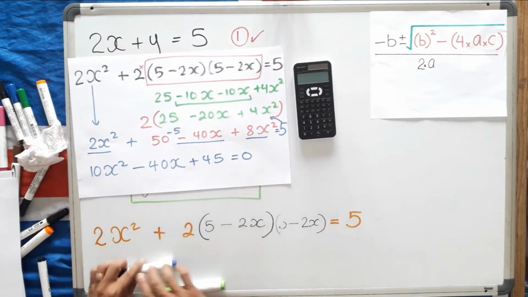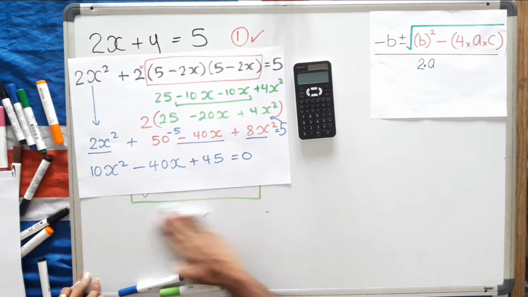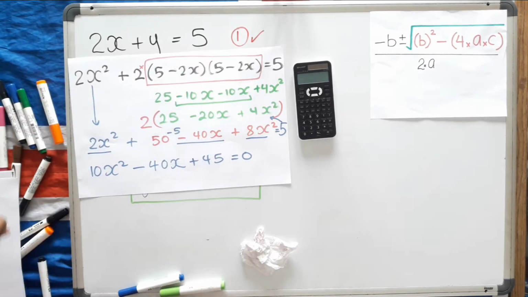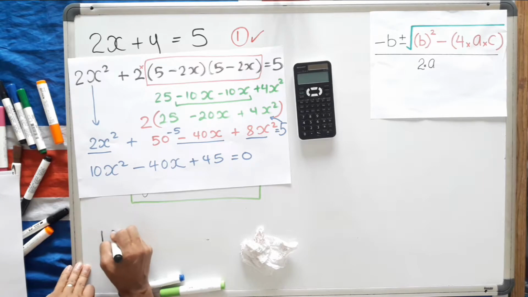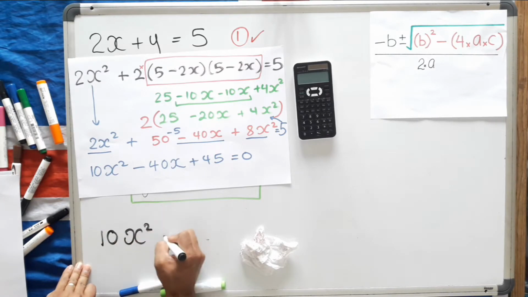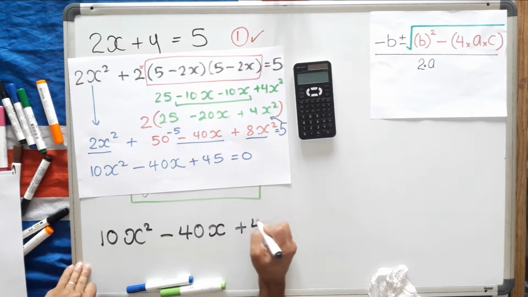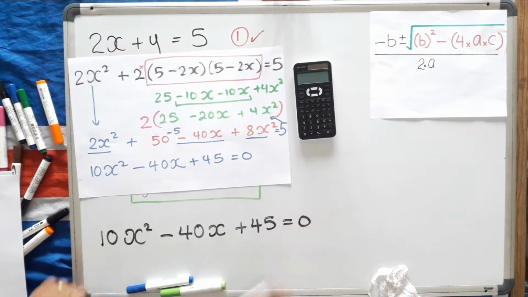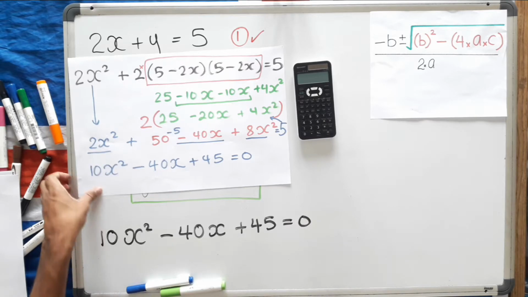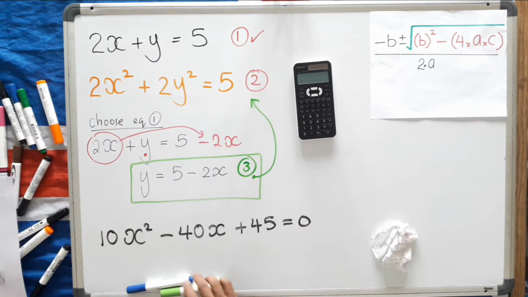Right, so when I simplify this whole mess here, I get 10x squared minus 40x plus 45 is equal to 0. All I need to do now is solve this quadratic.